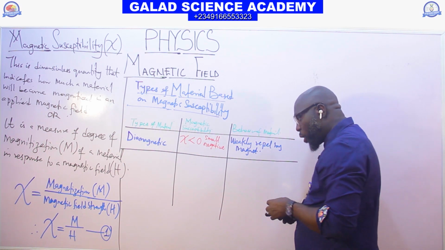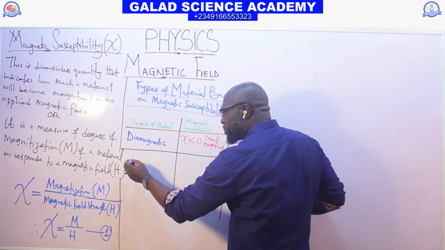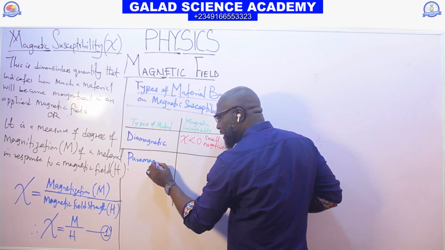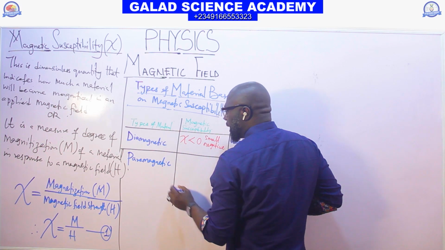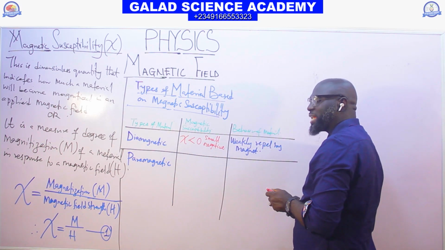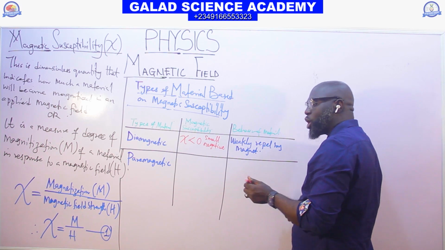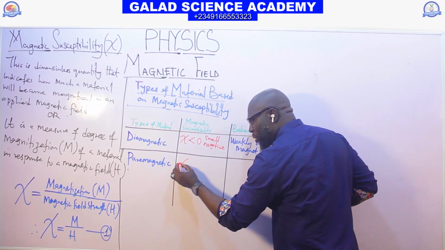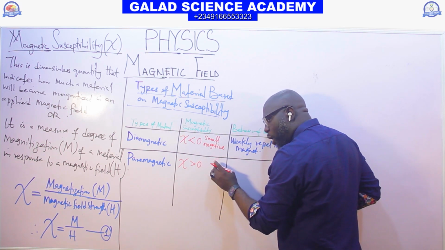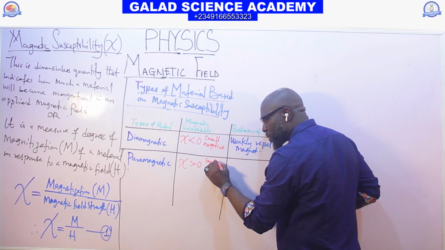But the second one we have is paramagnetic material. The magnetic susceptibility of paramagnetic material is always greater than 0, but small positive.